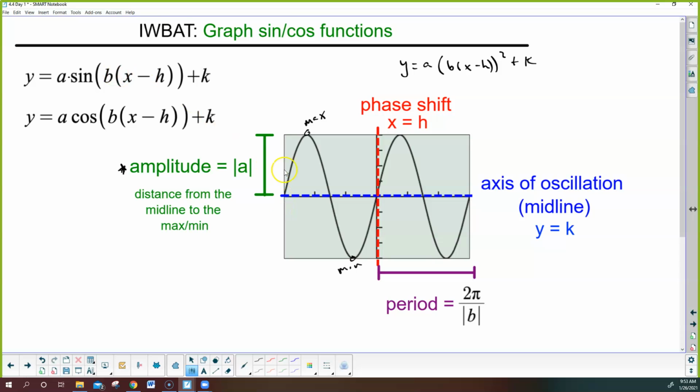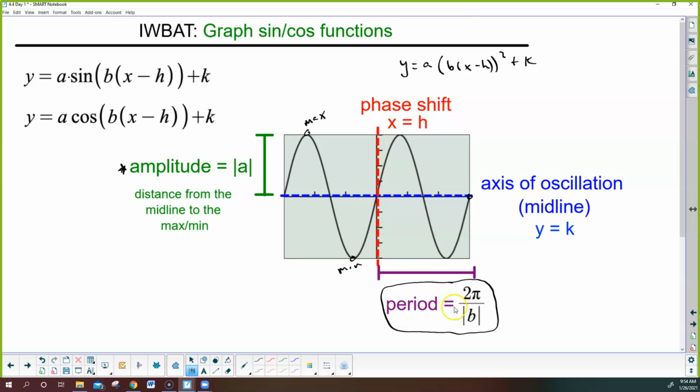The B value affects how frequently something is occurring. Now, when we say frequent, how long does it take to do one period? And this is a formula that we're going to be using quite often. And we'll write that on the next slide. To find the period for any sine or cosine, all you do is take 2 pi divided by the absolute value of whatever the B is.